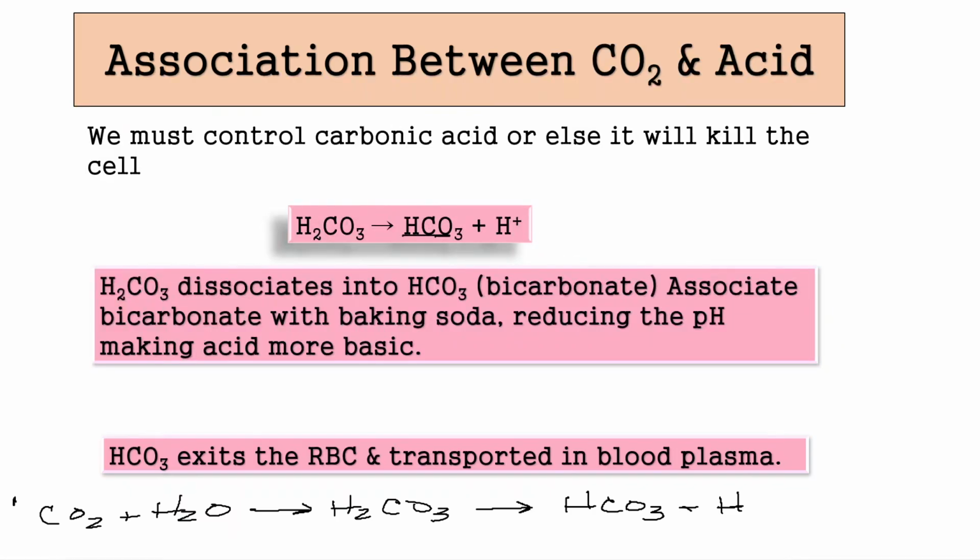So if you have an increase in CO2, right, then what you're going to develop is an increase of this hydrogen ion. And roughly it's like a 20-to-1 ratio. You have 20 bicarbs to 1 hydrogen.